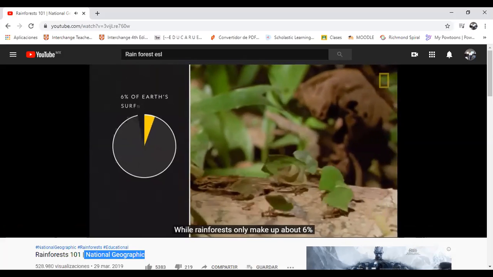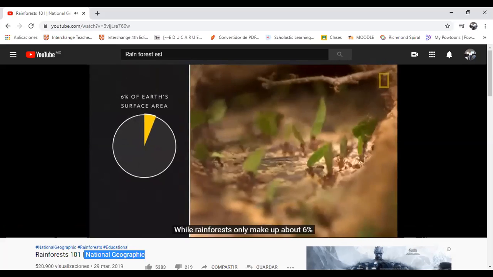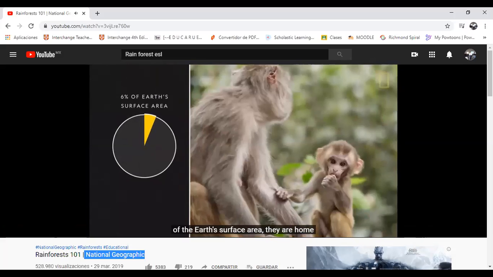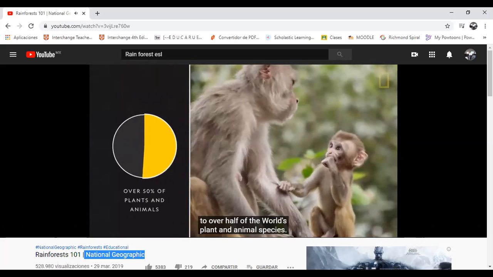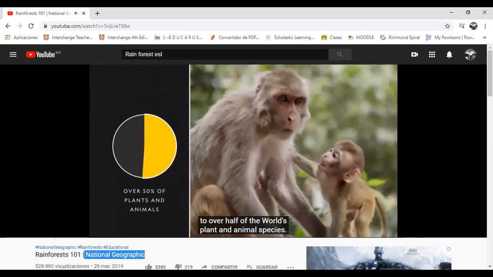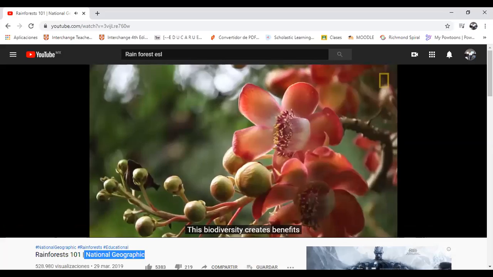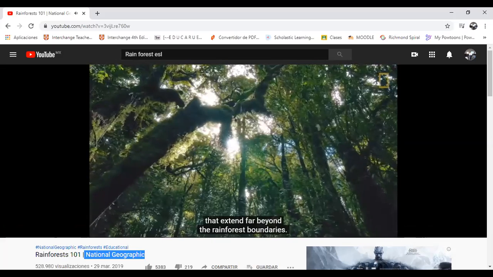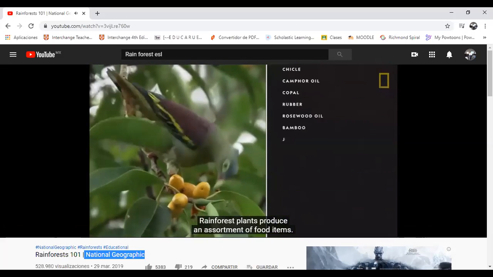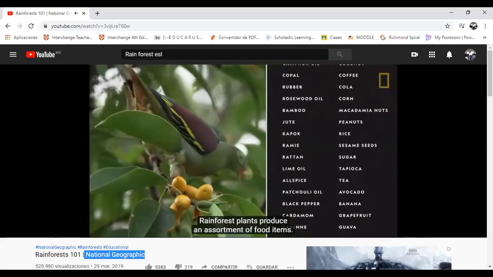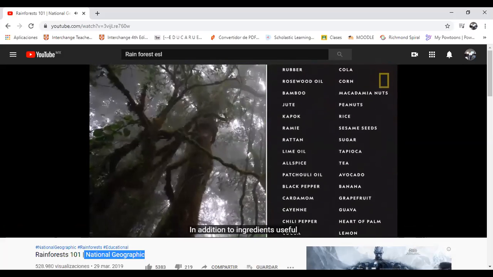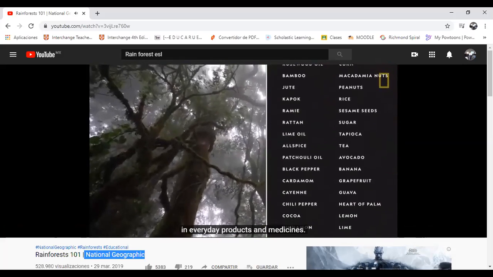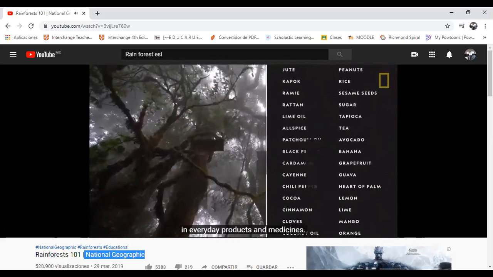While rainforests only make up about 6% of the Earth's surface area, they are home to over half of the world's plant and animal species. This biodiversity creates benefits that extend far beyond the rainforest boundaries. Rainforest plants produce an assortment of food items, in addition to ingredients useful in everyday products and medicines.